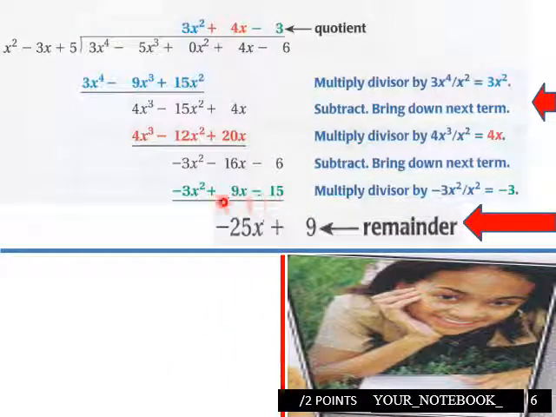And so we have that, and then we subtract, we change signs, and then add. So negative 9x and negative 16x is negative 25x.